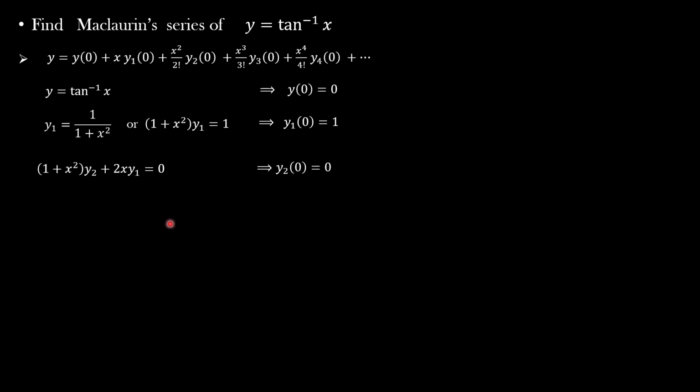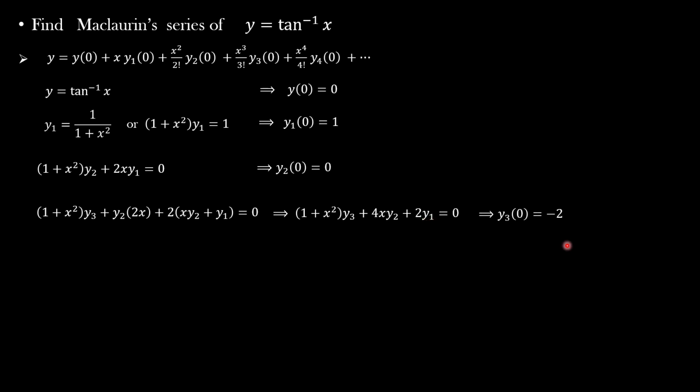To get y3, 1 plus x square into derivative of y2 is y3, plus y2 into derivative of 1 plus x square is 2x, plus 2 times x into derivative of y1 is y2, plus y1 into derivative of x is 1, which is equal to 0. That is, 1 plus x square into y3 plus 4 times x into y2 plus 2 times y1 is equal to 0, which implies y3 of 0 is equal to minus 2.